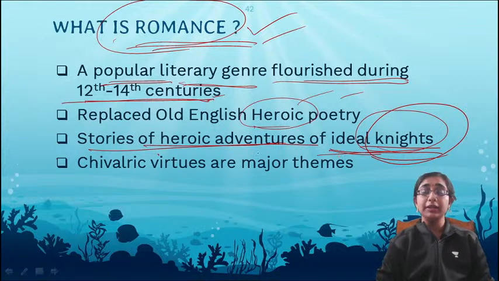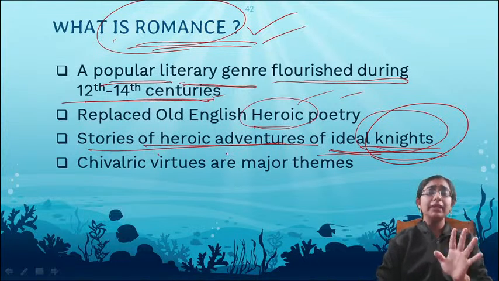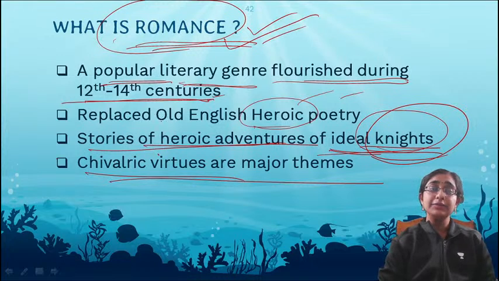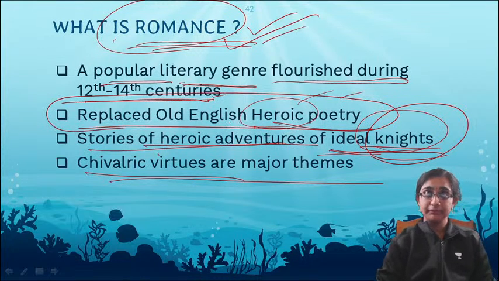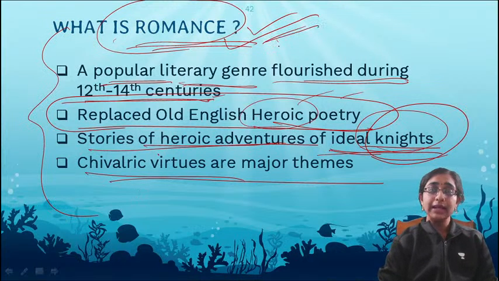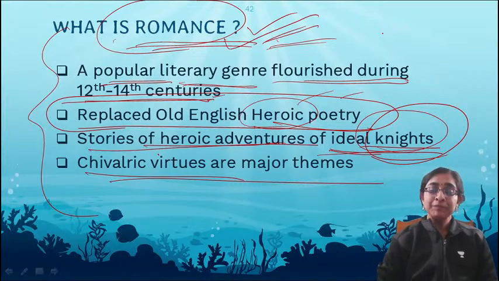Ideal knights upheld the ideal chivalric virtues. They were the main characters. Chivalric virtues are the major things. So that is the romance, and it replaced the old English heroic poetry. Clear? So that is a romance, and it is called metrical romance because it is written in the medieval age.